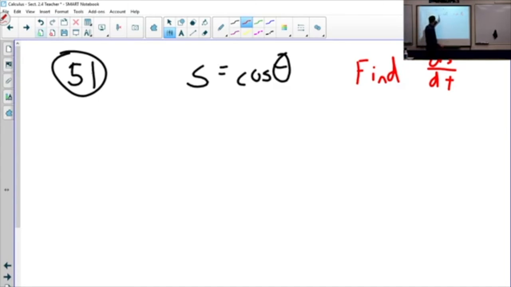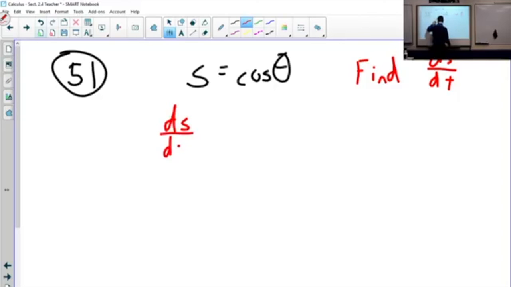Basically this gives us a way to express how you might have a side length s and an angle theta, and you're wondering how they change over time. Derivatives might be able to answer a question like that. And so we're going to use the chain rule to do this. It's just written in a little bit of a different notation.